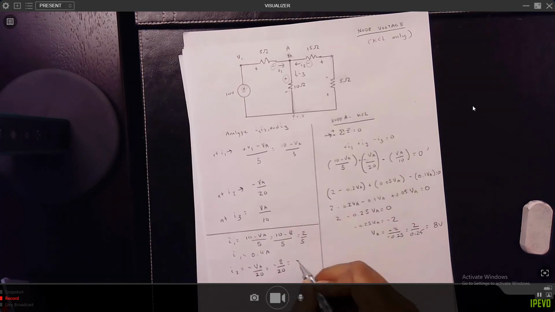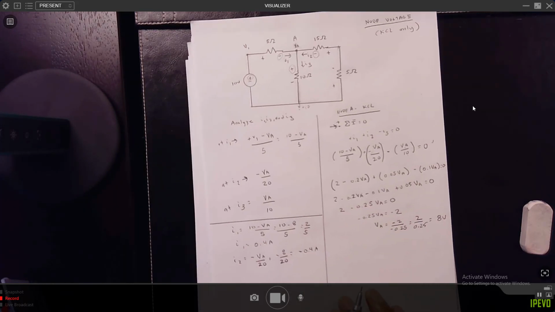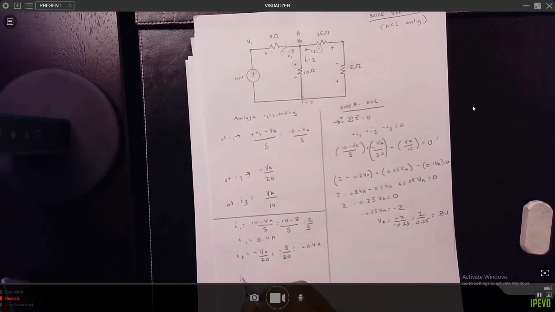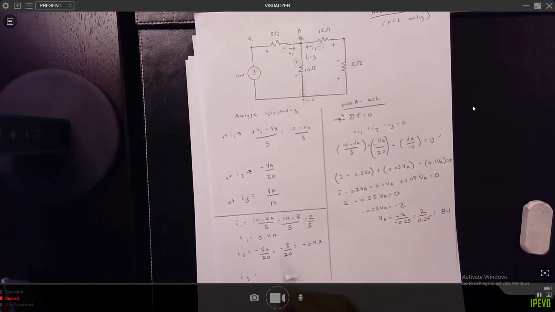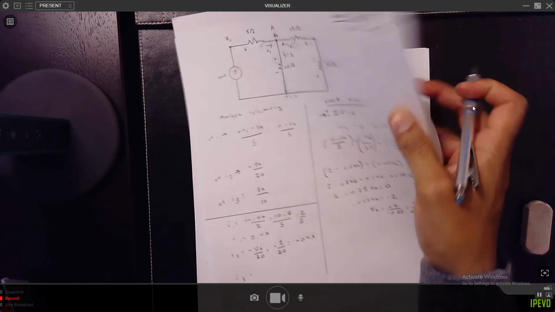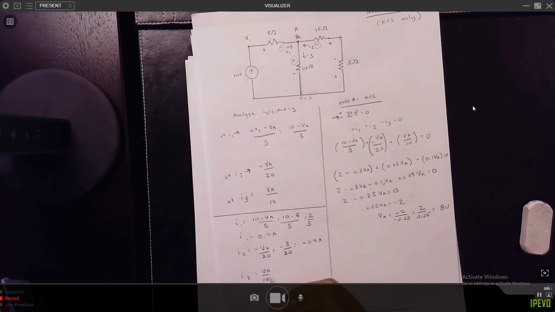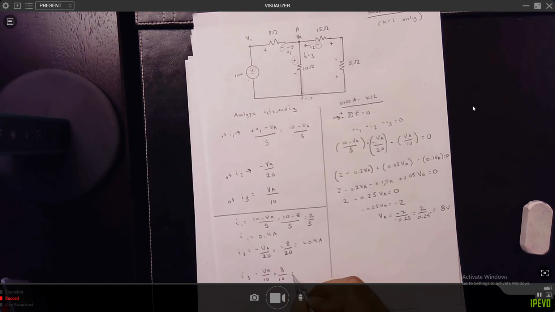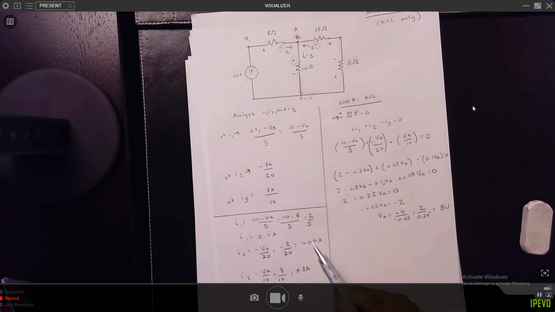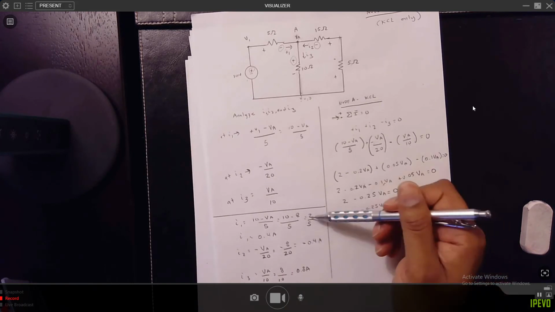Now I3, I'm going to write down here real quick. I3 is VA over 10, which is 8 over 10, which is 0.8 amps. Now, obviously, this is 0.4 amps going in this direction. This is 0.8 amps going down.